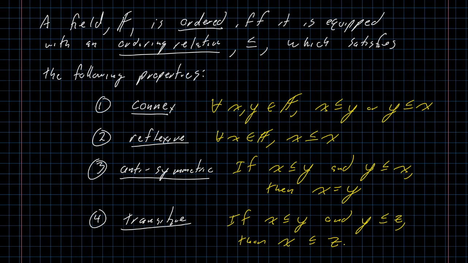Anti-symmetric: if the relation works in either direction, that means that the things that you're looking at are the same thing. If you think about it, the anti-symmetric property is the definition we used for the subset proofs of set equality. And then the transitive property, if you go from one to another, everything works out.